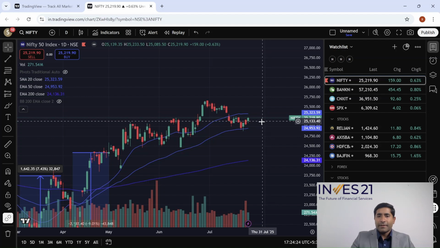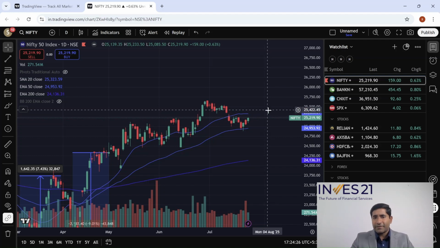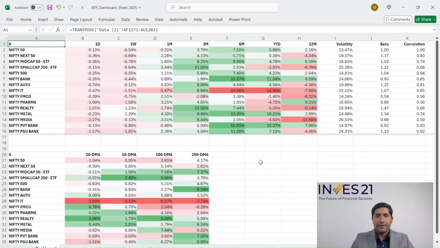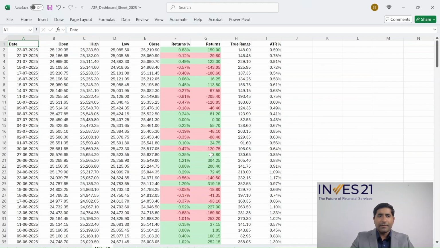Well, there are certain other factors that we also have to take a look at when we are having an overall analysis. And one such is, let me take you to my screen where I show you this. So you come to Nifty 50 and you take a look at the average true range.